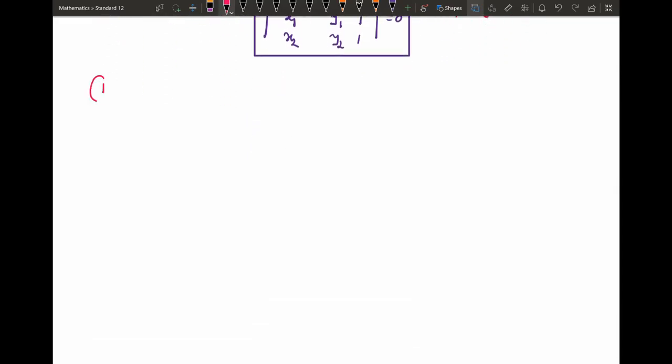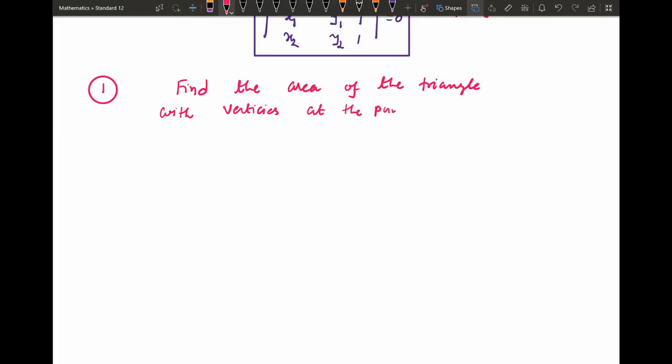First example is: find the area of the triangle with vertices at the points (1, 0), (6, 0) and (4, 3).